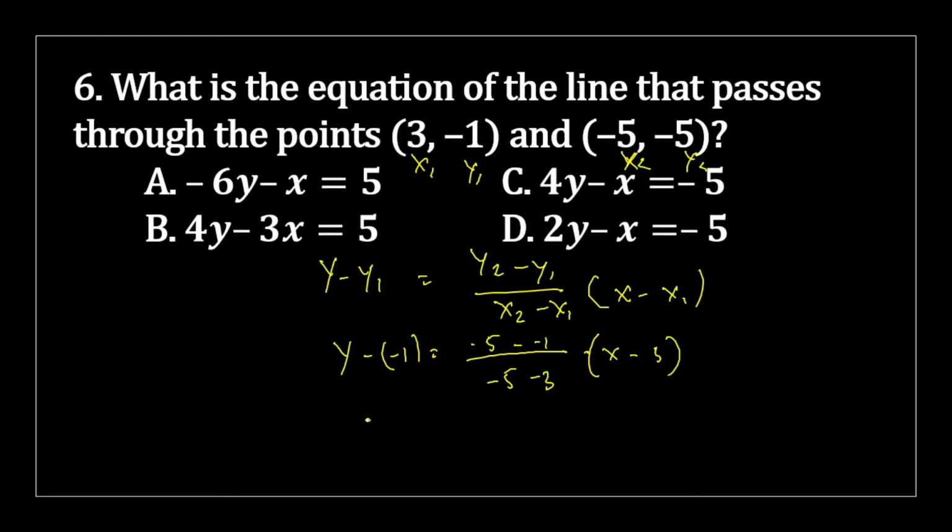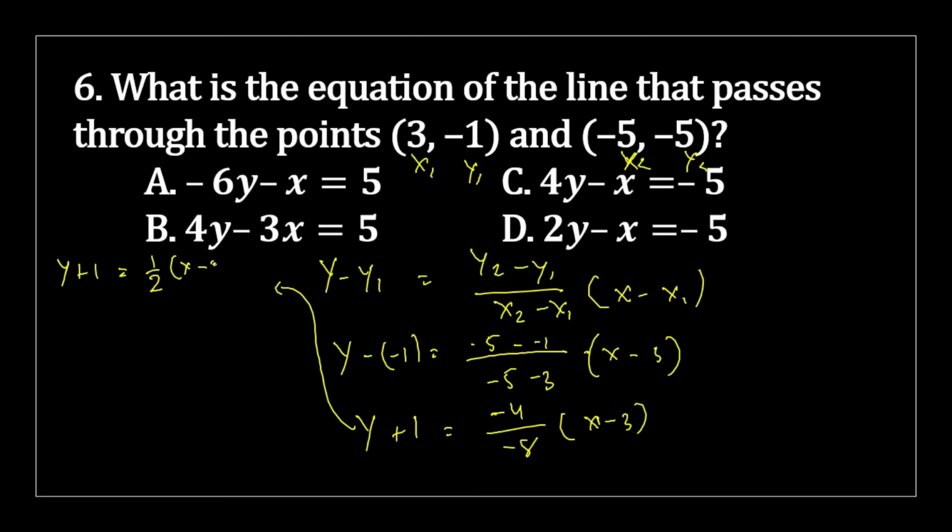Simplify the equation. So we have y plus 1 is equal to negative 5 minus 1... I mean negative 4 over negative 8 multiplied by x minus 3. Negative 4 over negative 8 is 1 half. So we can say that y plus 1 is equal to 1 half times x minus 3.